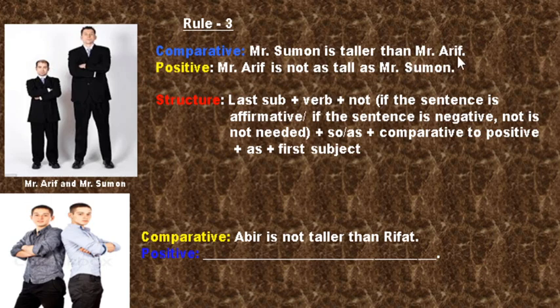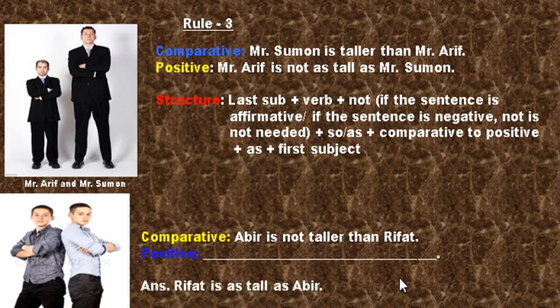You have to use first subject. You have to take out last subject into first subject. Then Mr. Arif, then subject is singular form is, then you have to use not as it is in affirmative form. Then you have to use as, then here positive form, then again as, then first subject. Mr. Arif is not as tall as Mr. Shumon.